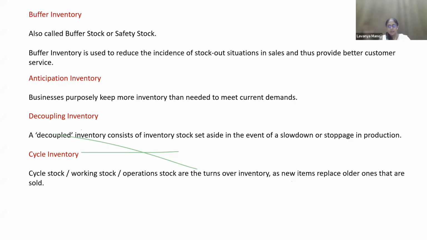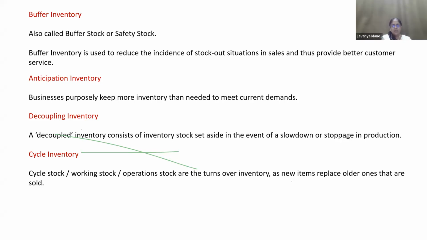Once some inventory has been taken out from the shelf, the warehouse people make sure that the inventory is always full. So they will fill up the inventory.